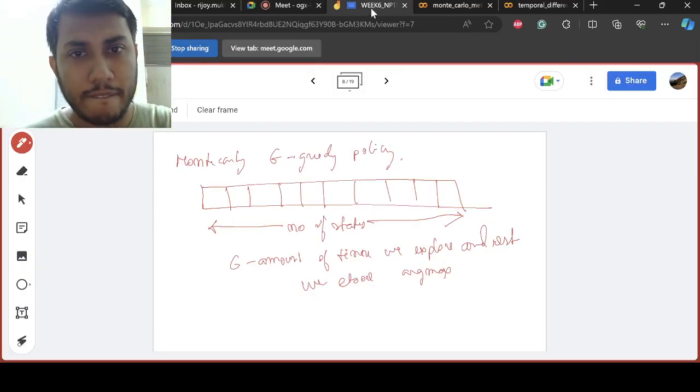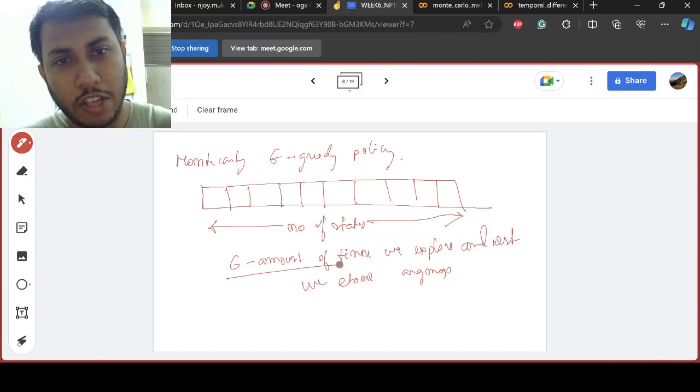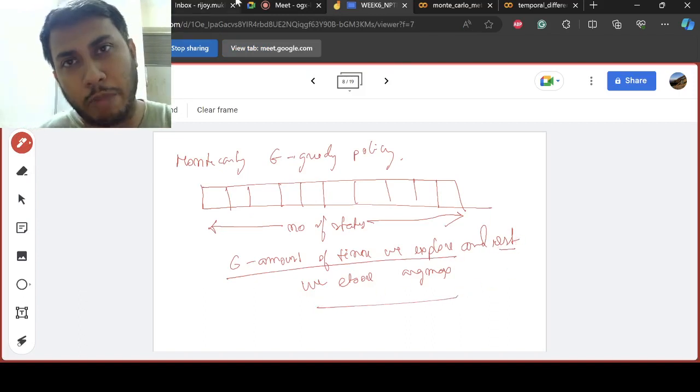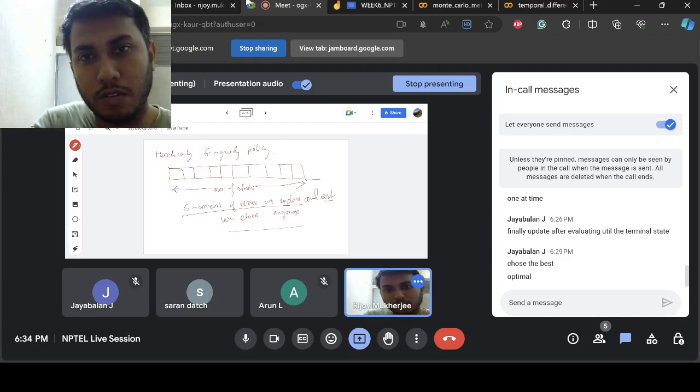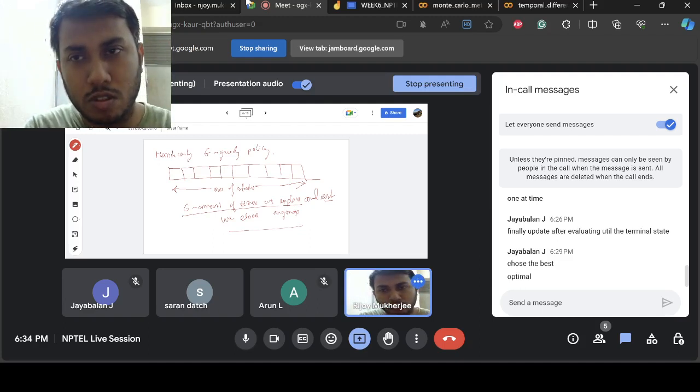So if epsilon times we explore and the rest of the time we choose arg max, then for each state, which action will you choose?